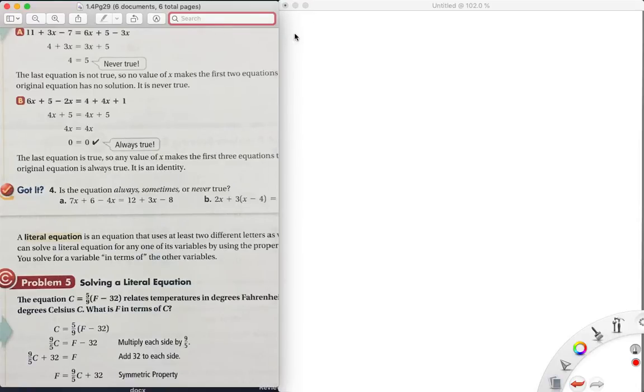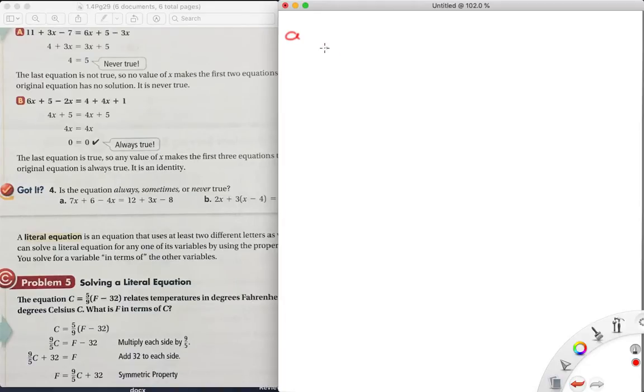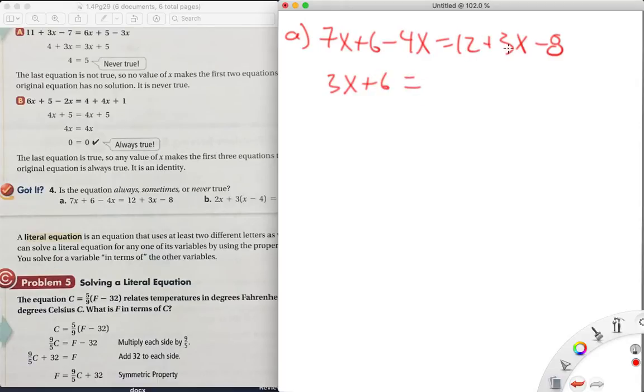For 4a, we have 7x plus 6 minus 4x equals 12 plus 3x minus 8. Combine like terms: 7x minus 4x is 3x, plus 6. 12 minus 8 is 4, so 4 plus 3x. Uh-oh.